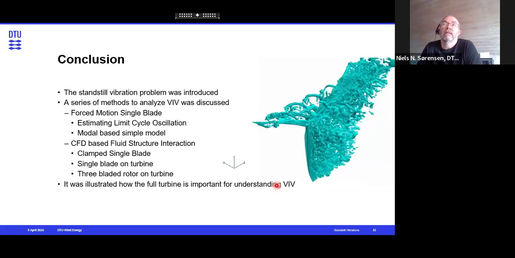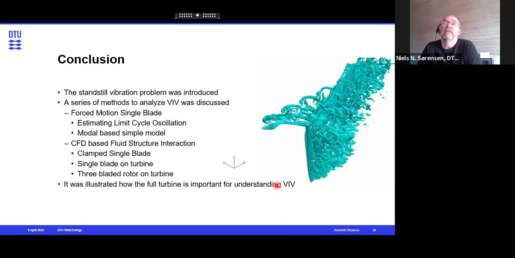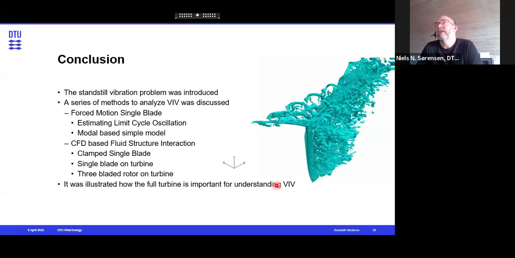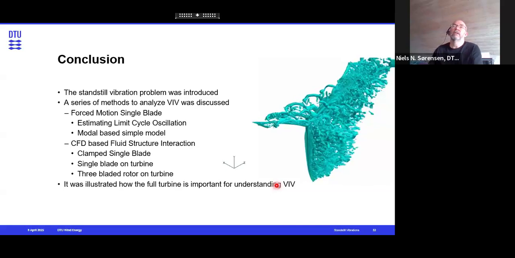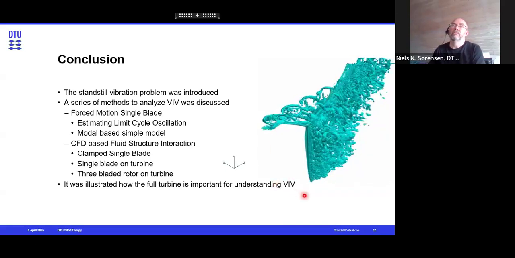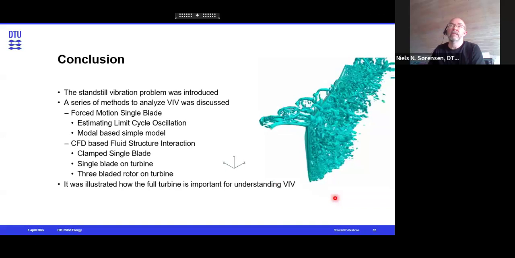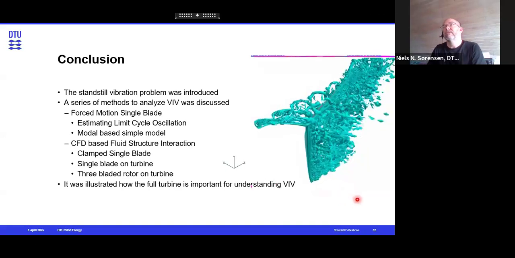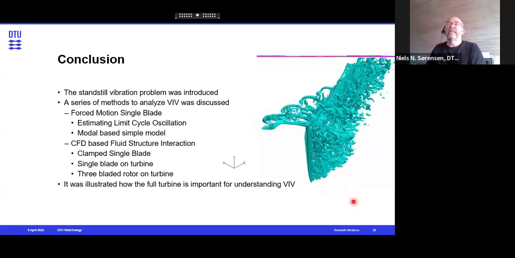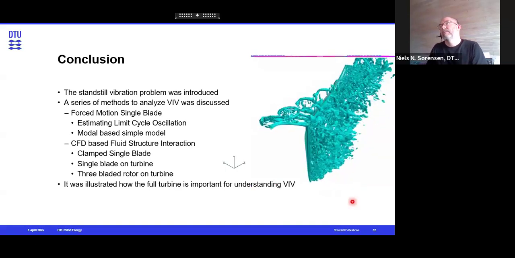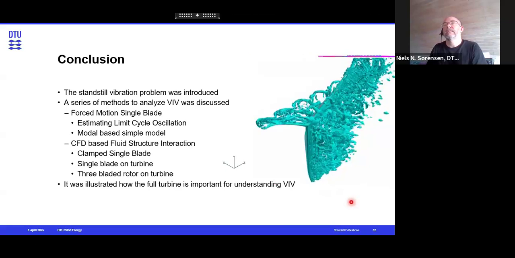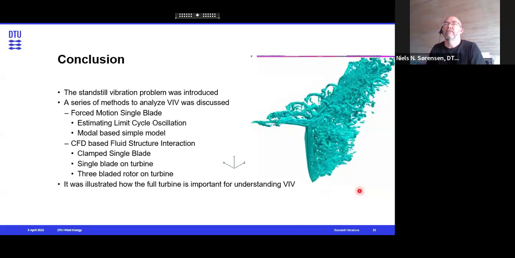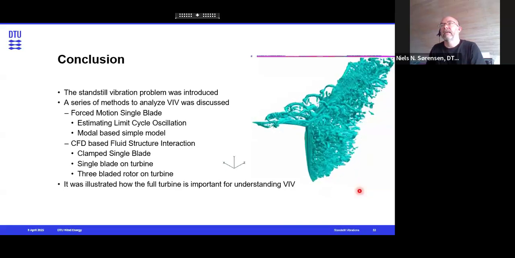When we started out in the project, we didn't really expect that the forced motion would be very valuable, but we have actually used it a lot and found great use of it, because it is factors faster than a full FSI, and it can bring you to the right point before you start to run the even more expensive FSI simulations.